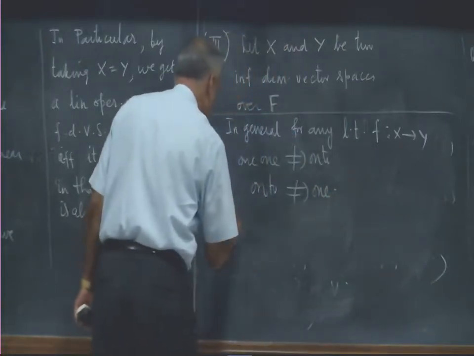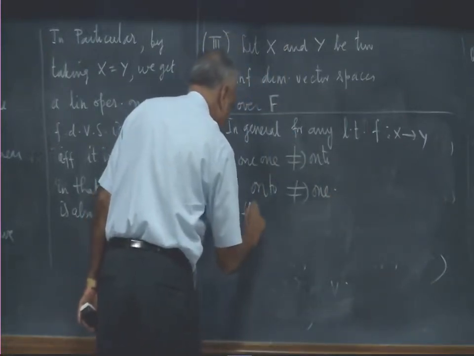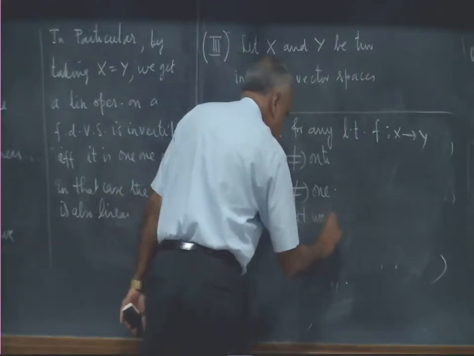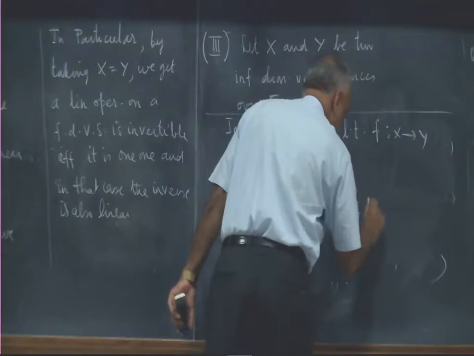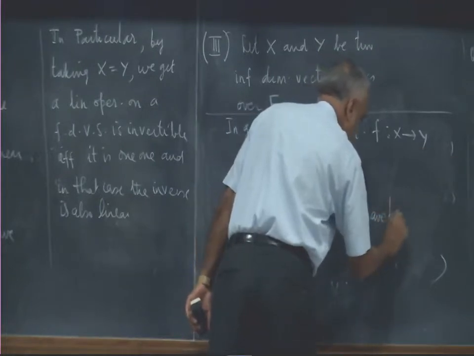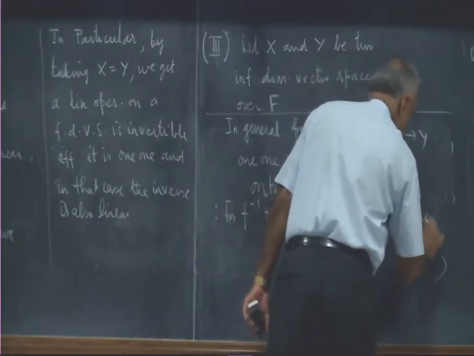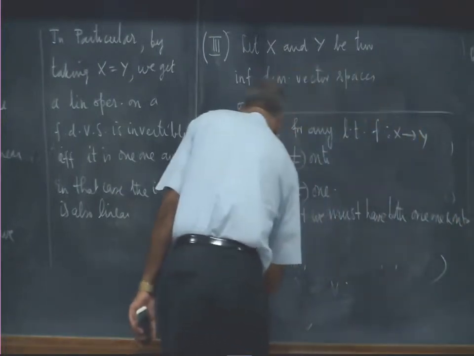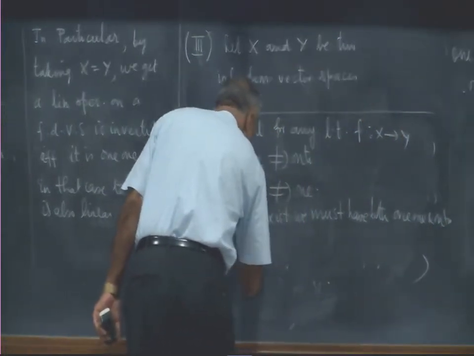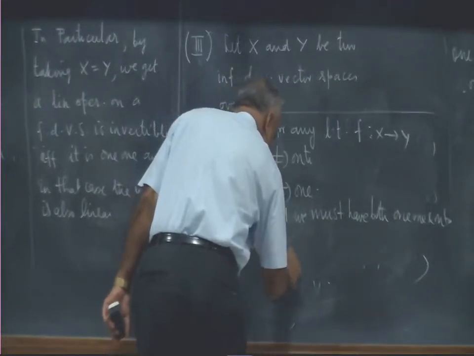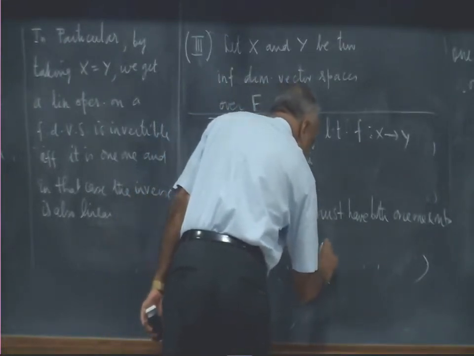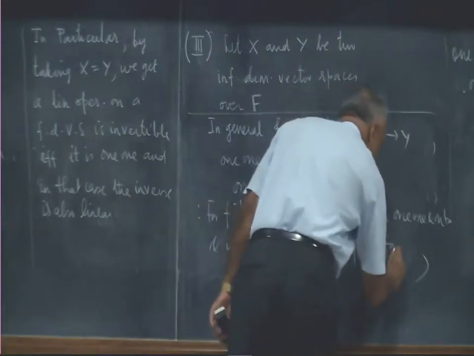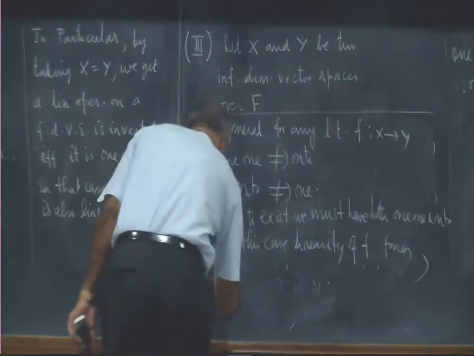Therefore, for f inverse to exist, we must have both 1-1 and onto, both have to be checked, and in this case again and again I will write this, linearity of f forces linearity on f inverse.